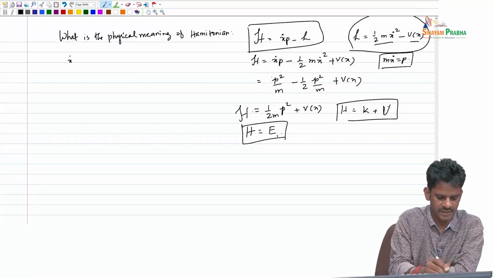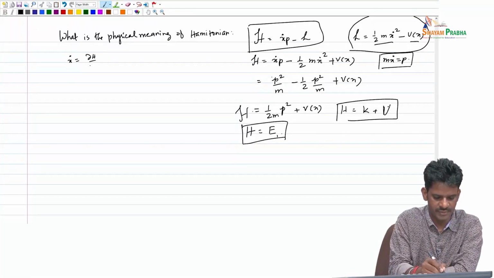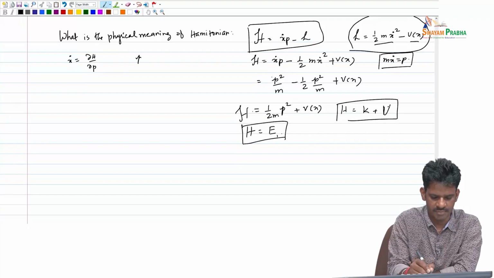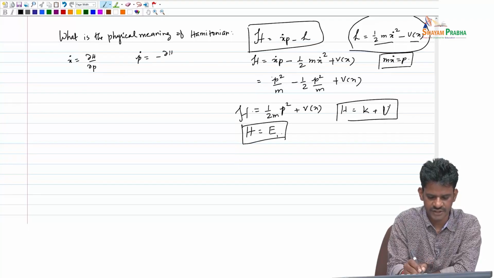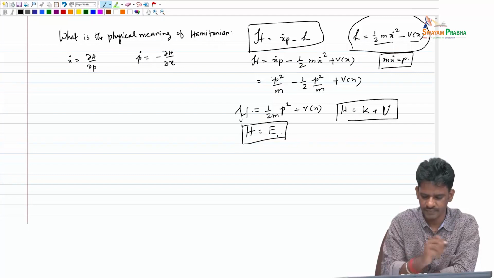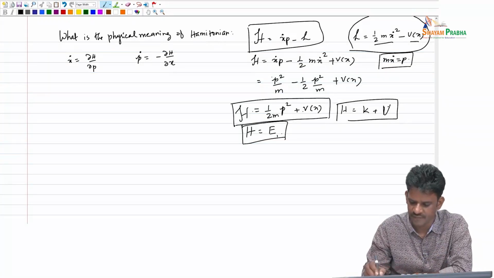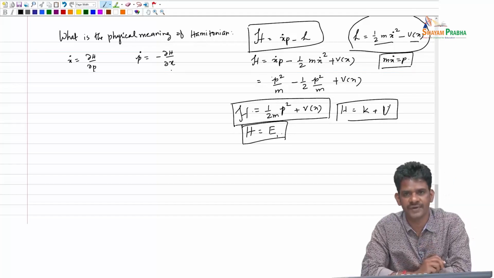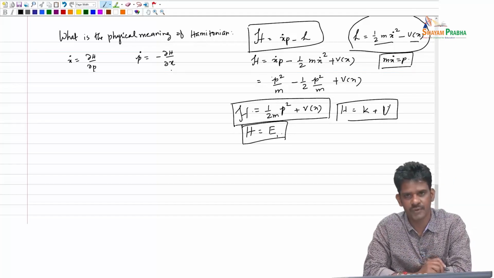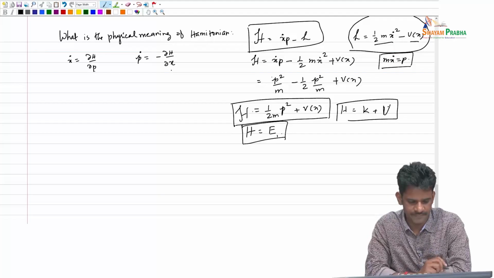So we have x dot is dou H by dou p, and p dot is minus dou H by dou x. Now that we have a functional form for the Hamiltonian, we can find these partial derivatives, and then write the equation of motion for a one particle one dimensional system.